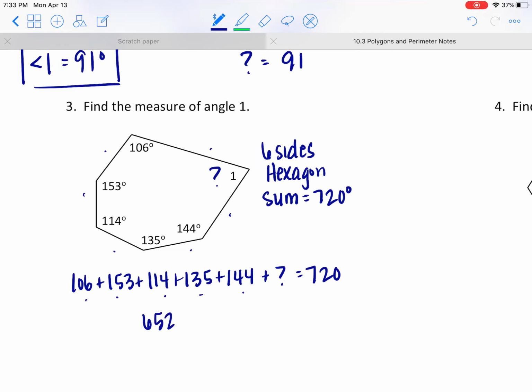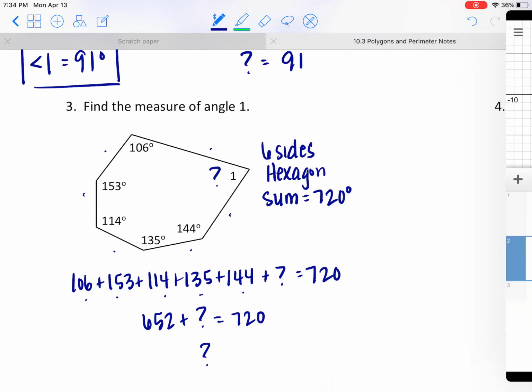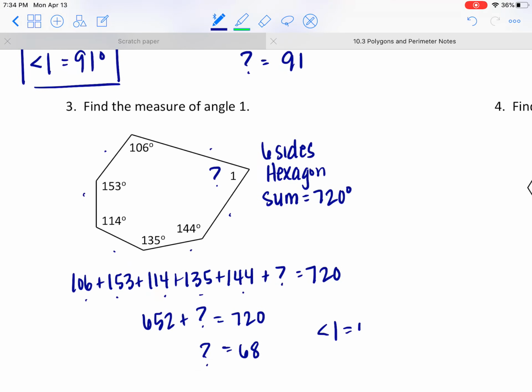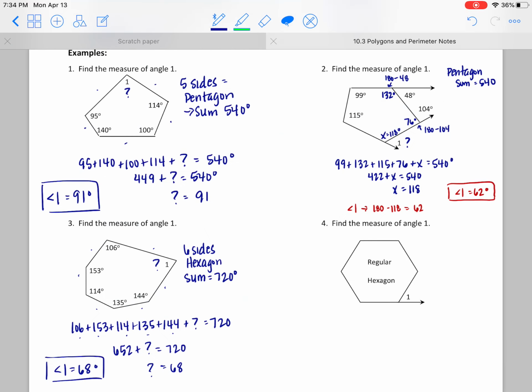So we have 652 plus our missing angle equal to 720, so I just have to subtract that over. 720 minus the 652 makes that 68 degrees. So angle 1 is 68 degrees.